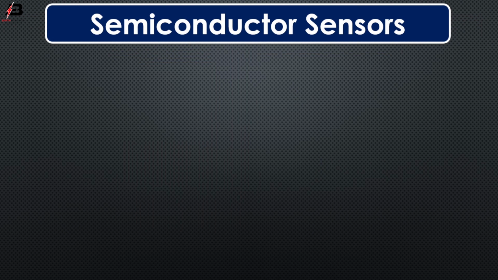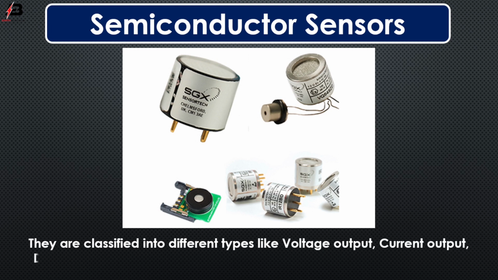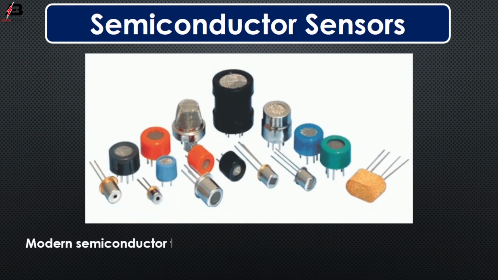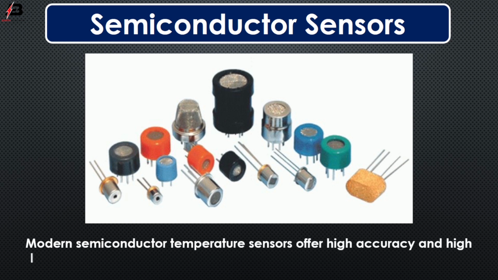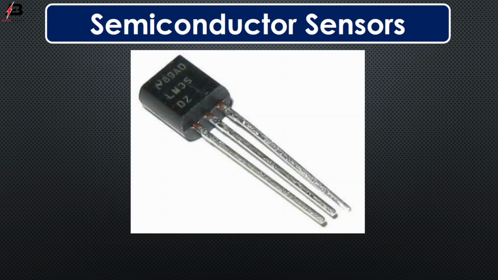Semiconductor sensor. They are classified into different types like voltage output, current output, digital output, resistance output, silicon and diode temperature sensors. Modern semiconductor temperature sensors offer high accuracy and high linearity over an operating range of about -55 degrees centigrade to 150 degrees centigrade.